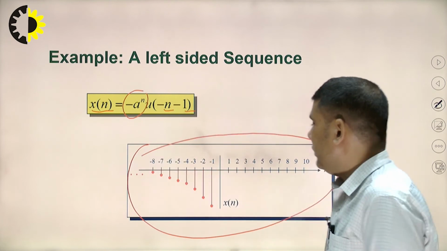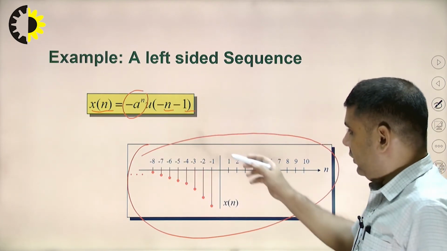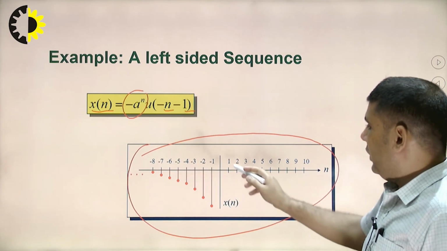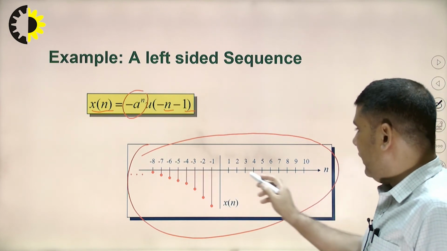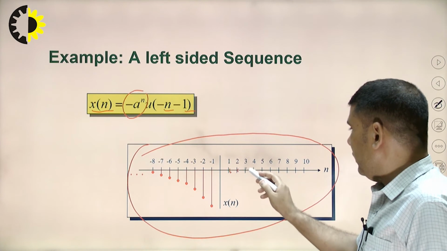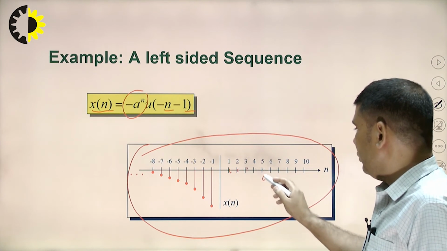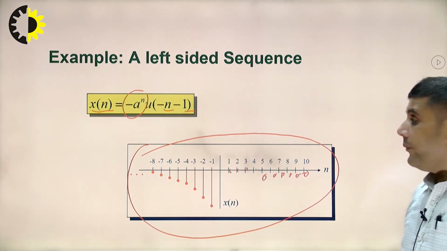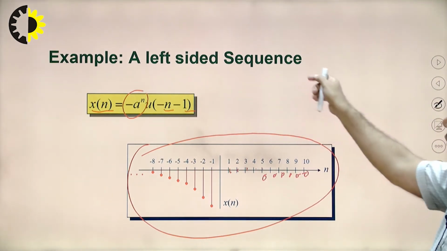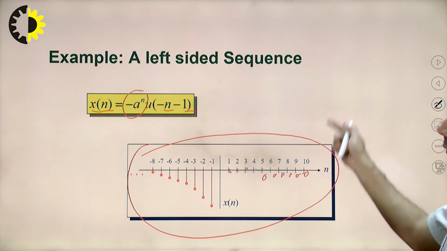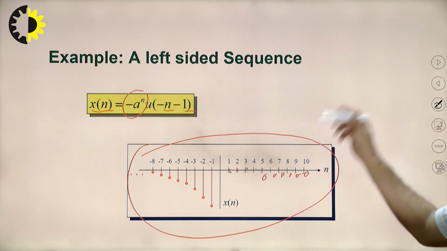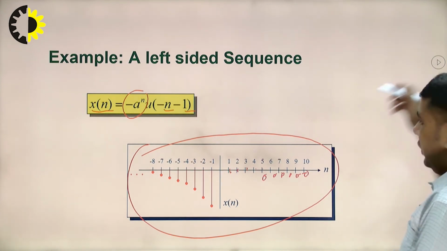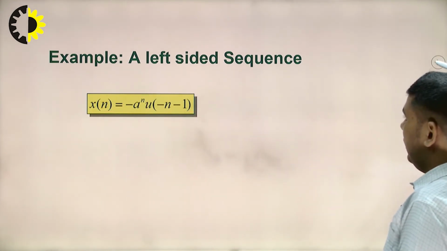Its values are finite from minus 1 to minus infinity, and from 0 to infinity all the values are zero in magnitude. If we solve it just like we did in the previous case, we see the ROC comes inside the circle of radius a. Let us see how it is solved.